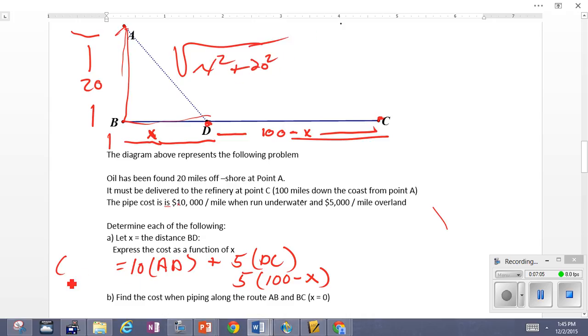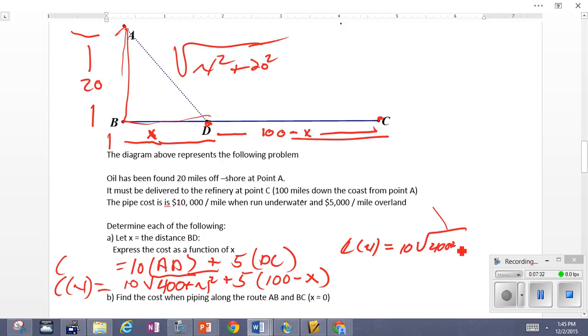So my cost as a function of x is going to equal 10 times the radical of x squared plus 400, plus 5 times 100 minus x, all times 1,000. So C of x, the cost as a function of x, is 10 times the square root of 400 plus x squared plus 5 times 100 minus x.